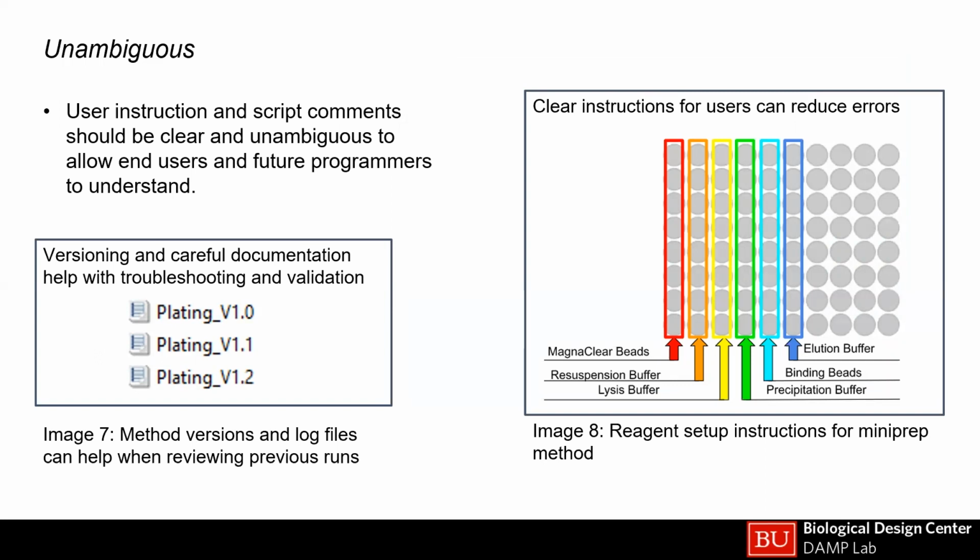And then, this wasn't something I was always the best at, but versioning and careful documentation help with troubleshooting and validation. So it's important to keep track of, one day you run this, and then you need to define what indicates a new version should be made, and track which versions you're running and what changes were made.